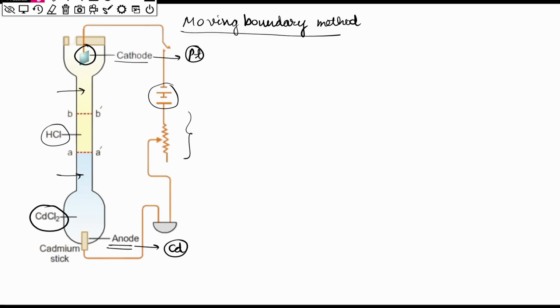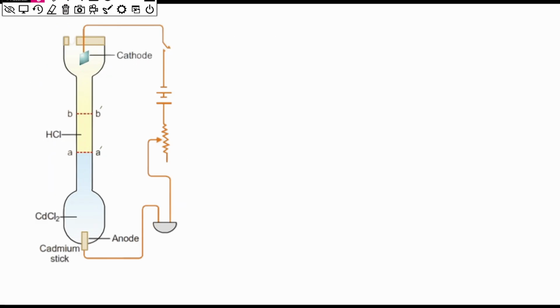So now what happens here? In this particular setup, HCl and cadmium chloride solutions are used, and we are mainly concerned with the HCl solution and basically with the H+ ions. That means we have to find out the transport number of H+ ions. Whenever this circuit is closed, the current will flow, and from this solution also there will be conduction of electricity.